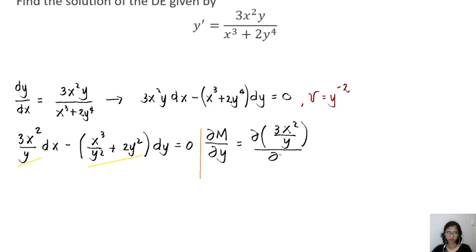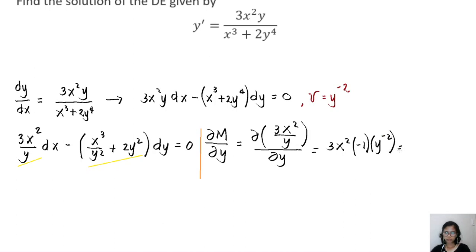with respect to y. So x is constant. And what is the derivative of 1 over y, or y raised to negative 1? That is the power rule, which is negative 1 times y raised to negative 1 minus 1, which is negative 2.